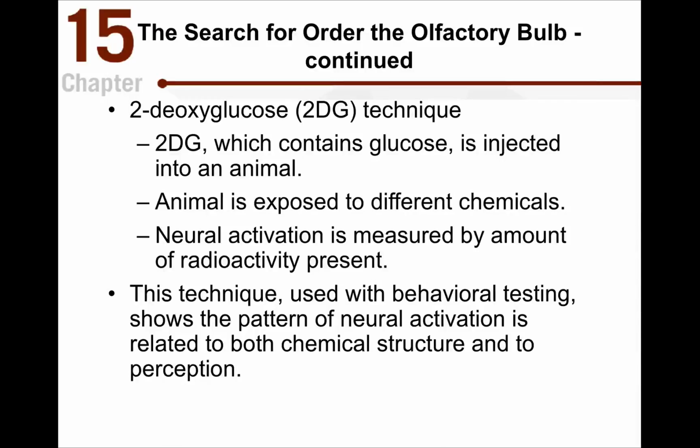What we find is that there's a pattern of neural activation that's related to both the chemical structure and to the perception. So we're able to map these patterns of activation that seem to match up with what the animal seems to be perceiving, as well as the chemical structure of the compound that's being perceived. So that's kind of cool, right?